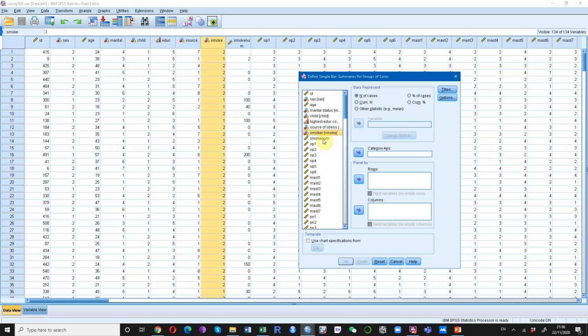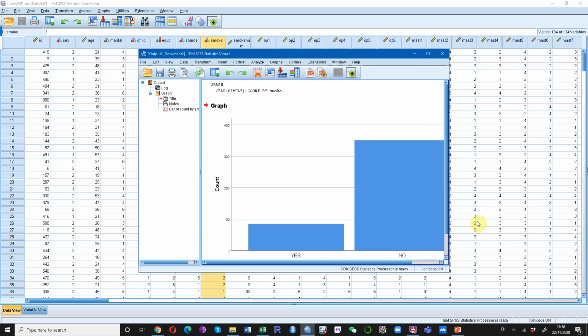Smoke number, I think that is how many cigarettes or how many tobacco products you consume within a certain period of time. So we're not concerned about that. We're just looking at smoker, non-smoker. You could choose whether it's the percentage of cases or number of cases. Leave it as default, number of cases. In this case, I just move this to the category axis and click OK.